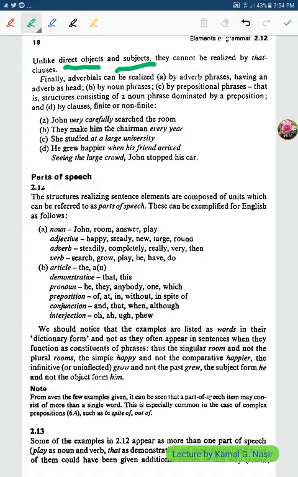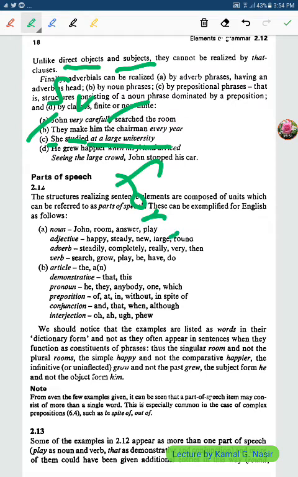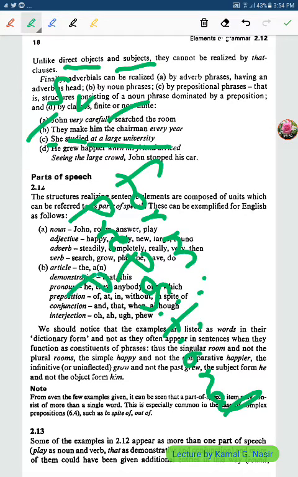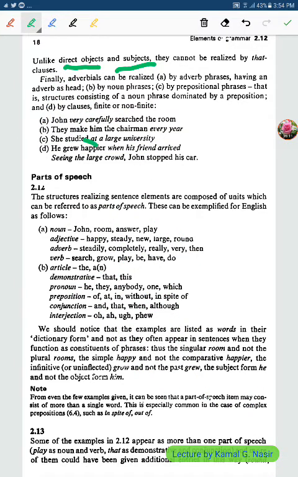This is the second type of adverbials. She studied at a large university. She is the subject. Studied is the verb. At a large university, as a form, is a prepositional phrase, because it is made of a preposition plus a noun, or a preposition, an adjective and a noun.